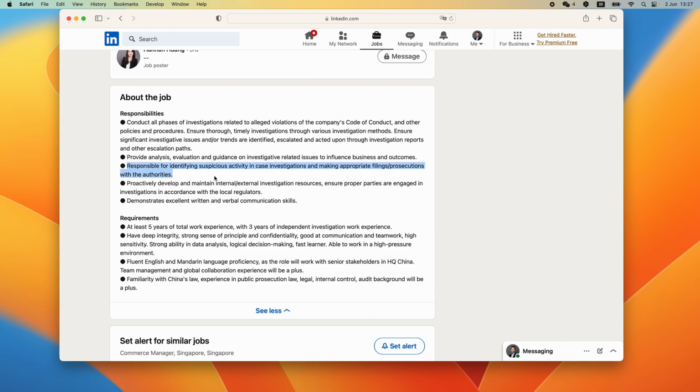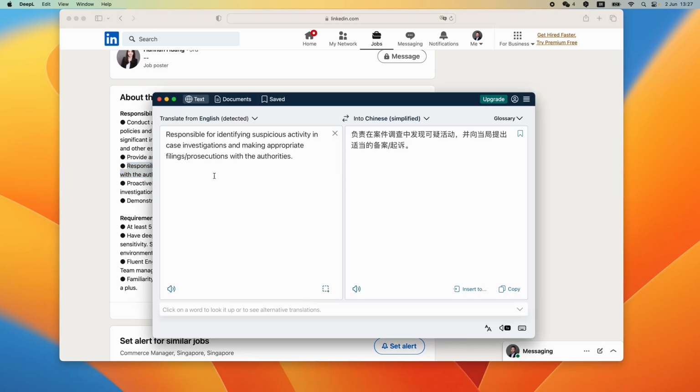Responsible for identifying suspicious activity in case investigation and making appropriate filing and prosecutions with the authorities. Let's read it. Responsibility for identifying suspicious activity.